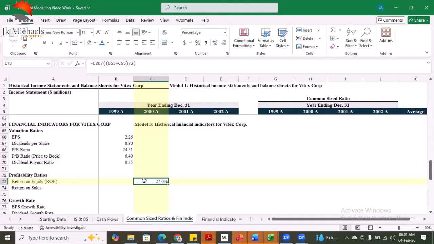So we take an average of 2 years to reflect where the balance sheet item was at the beginning of the period and where it is at the end or the current period. And that's why we could not do this calculation for 1999. There was no previous year.